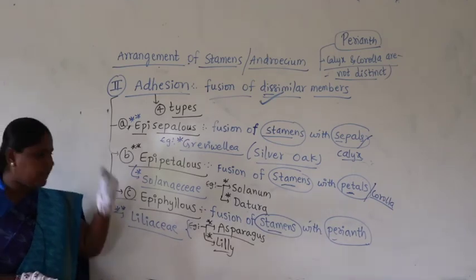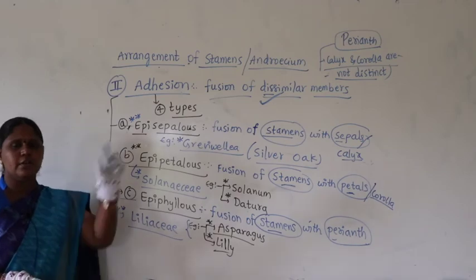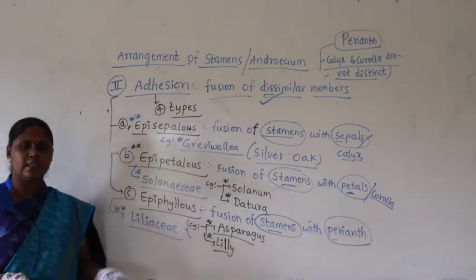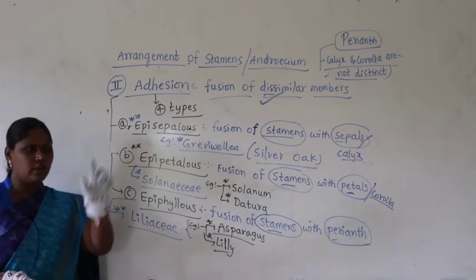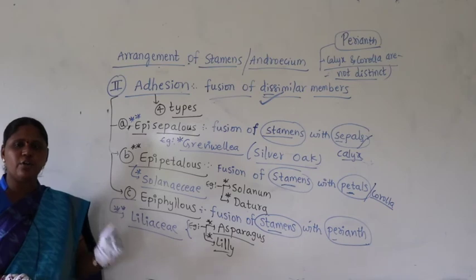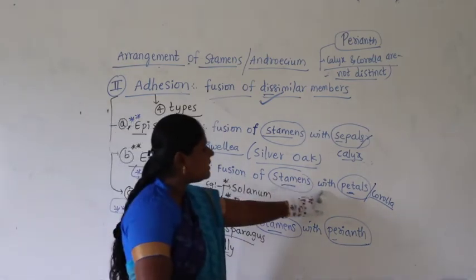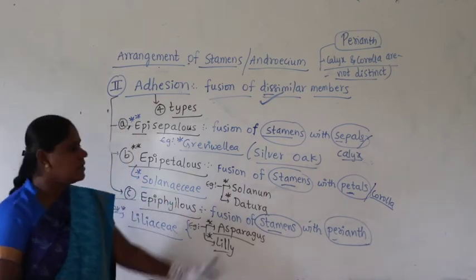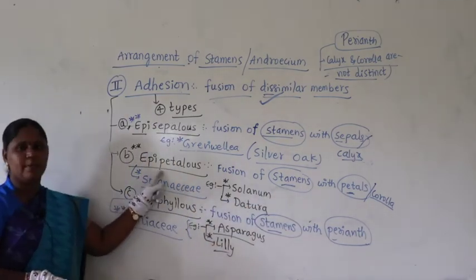There we simply write Epipetalous under the Solanaceae family. At that time, you have to remember that stamens are fused with petals, then the condition is said to be Epipetalous.